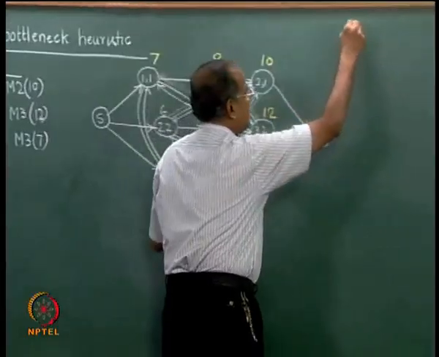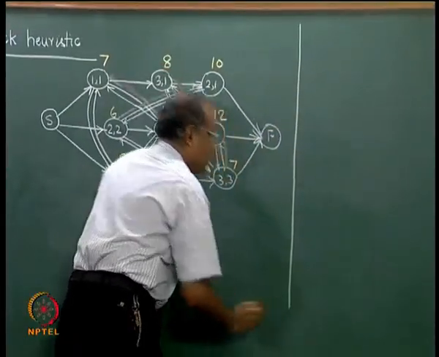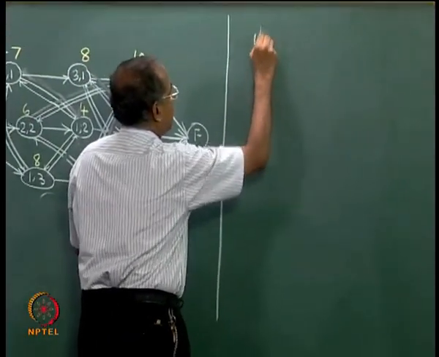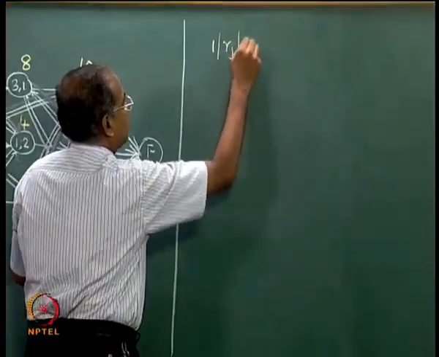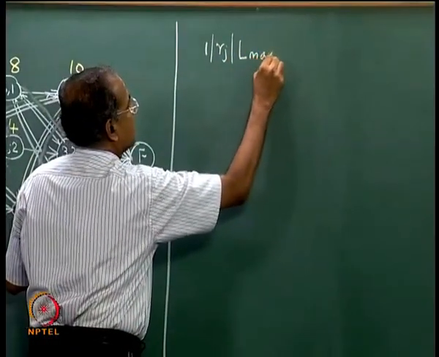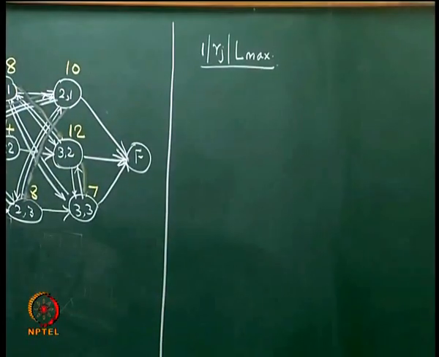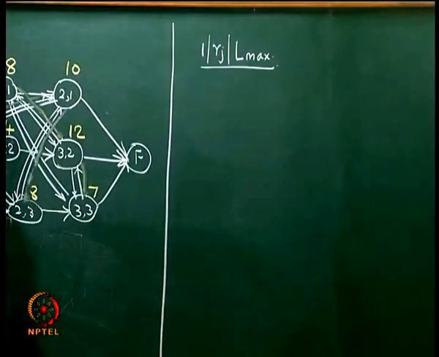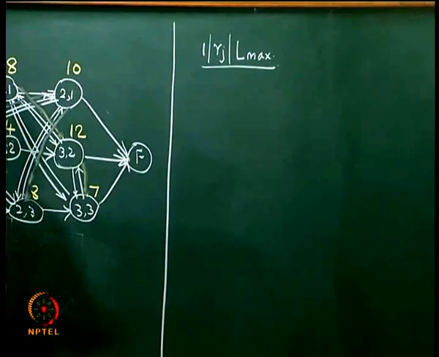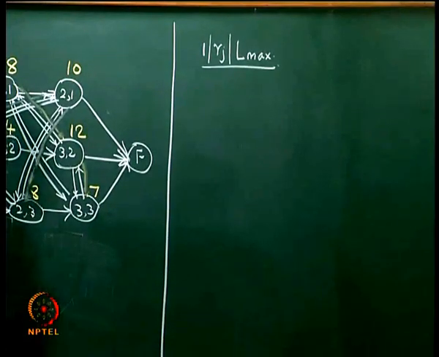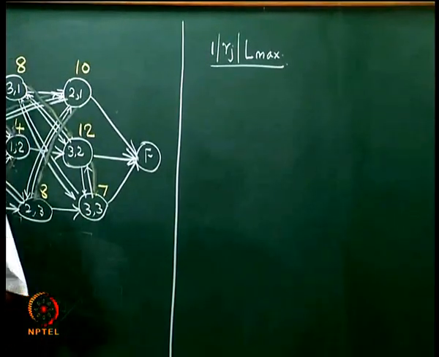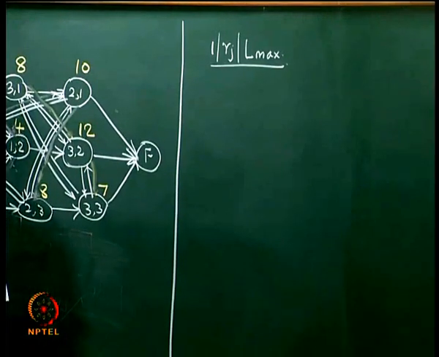So let us go to the other sub problem, and this sub problem is called the 1 | Rj | L max problem. It means 1 stands for a single machine, Rj stands for release times of jobs, and L max stands for maximum tardiness.